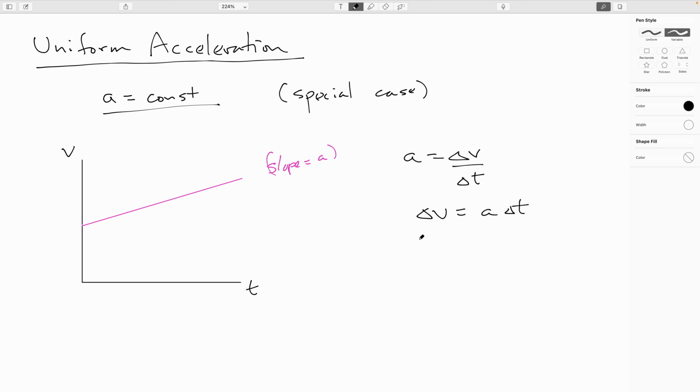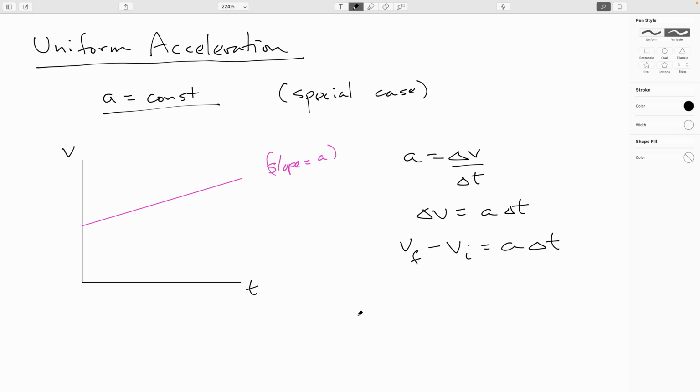And then if I put in what that is, the change in the velocity will be the final minus the initial. I'll leave the change in time the way it is because probably about 95% of the time, you're going to make the initial time 0 anyway. And so the time and the change in time will often, but not always, be numerically the same.